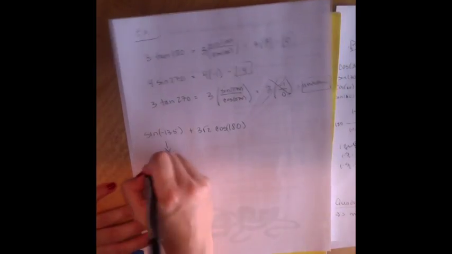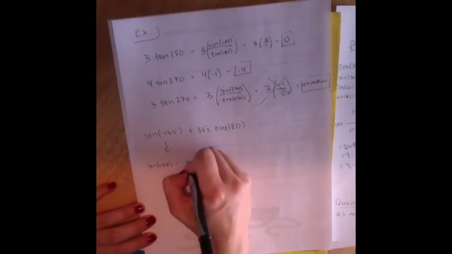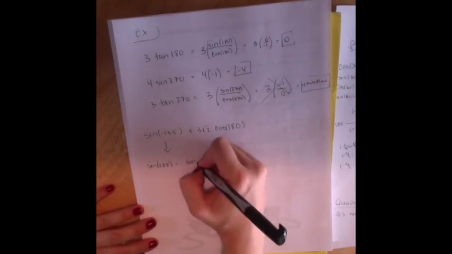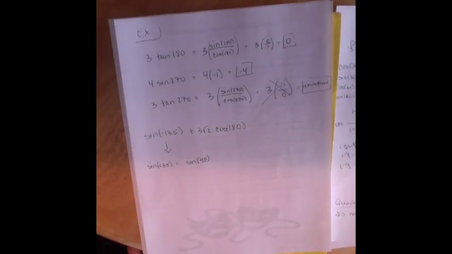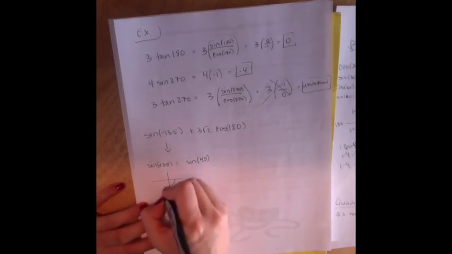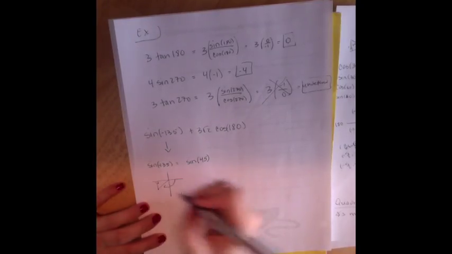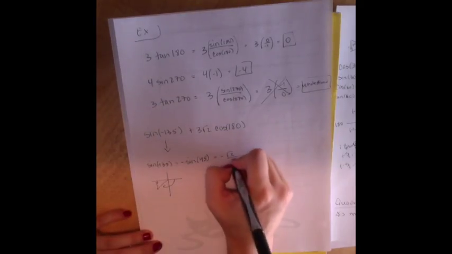Okay, so the sine of -135, our related angle is 45, and -135 is over here. This puts me in the third quadrant, and sine is negative in the third quadrant. And the sine of 45 is root 2 over 2.